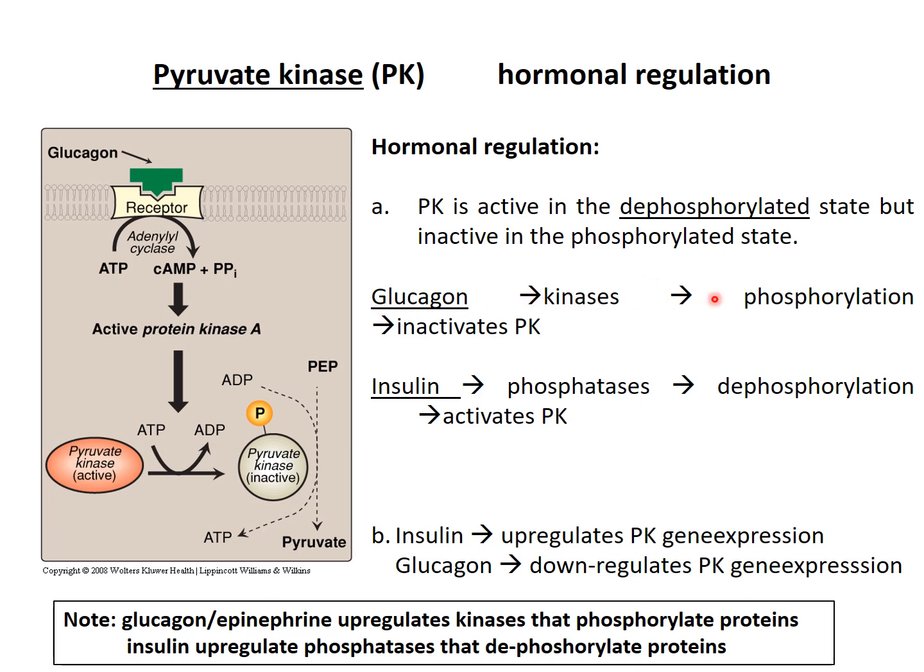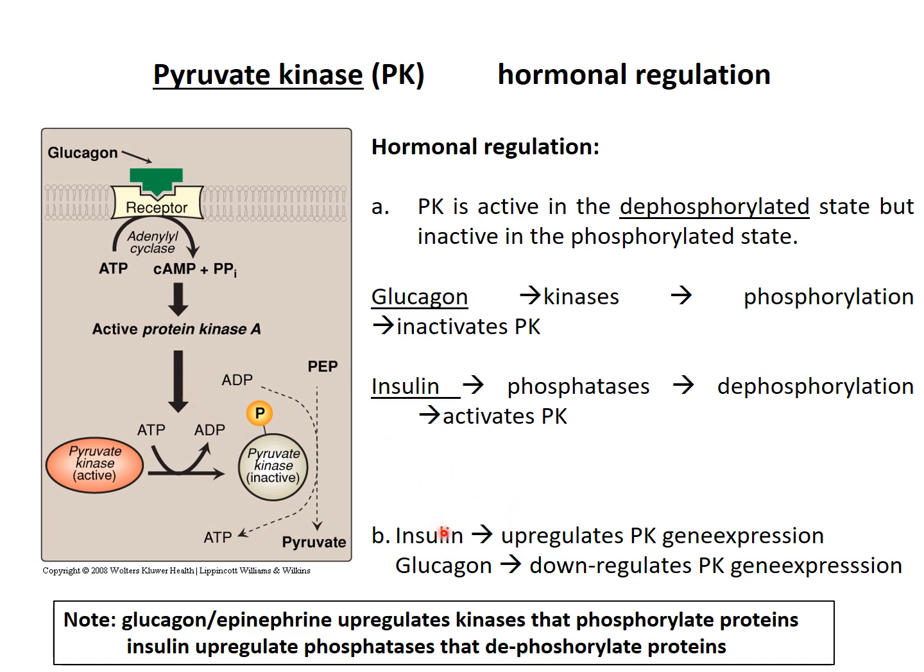Glucagon upregulates kinases that will phosphorylate the pyruvate kinase and turn it inactive. Insulin, with the phosphatases upregulated, dephosphorylates the enzyme and activates PK. So insulin is the signal to make this enzyme active by dephosphorylating it.